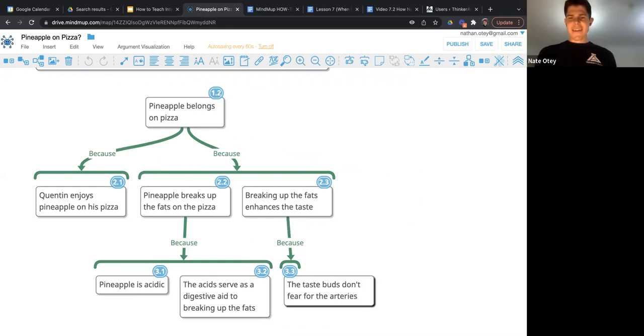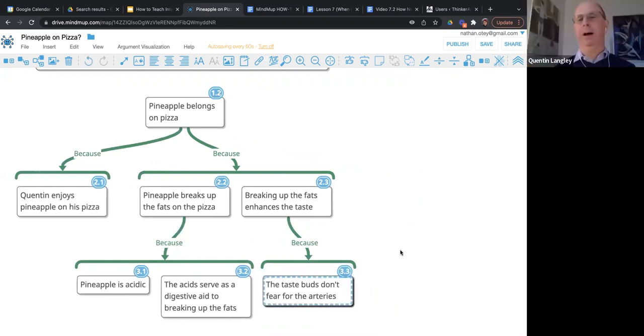Right. I have to disagree with that. I think our taste buds are absolutely not concerned with our arteries. Indeed, our taste buds evolved to get us the maximum fat and sugar in our diets at a time when we were at much greater risk of starvation than we were of dying of overeating.